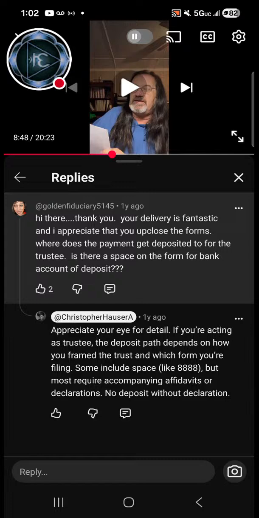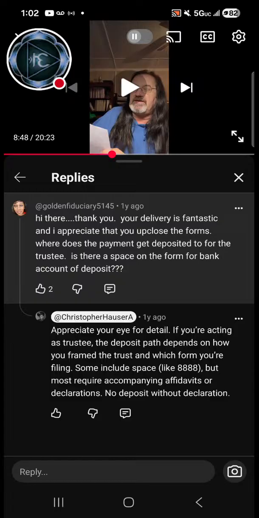So he made the assumption they're acting as a trustee and gave them instructions or clarity on details. The deposit path depends on how you frame the trust. Okay.